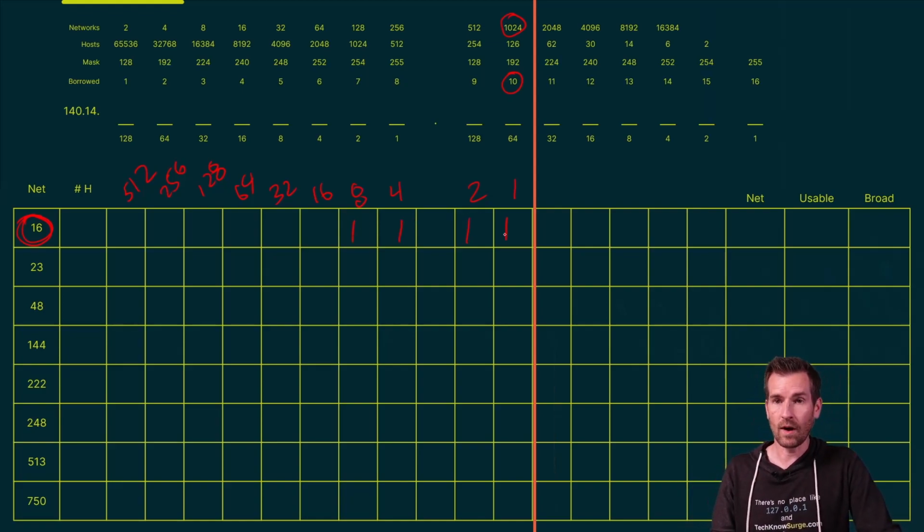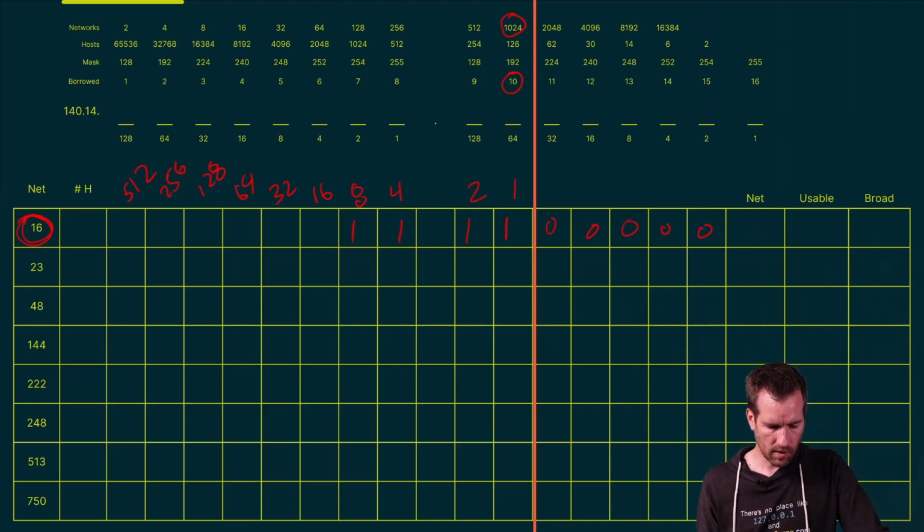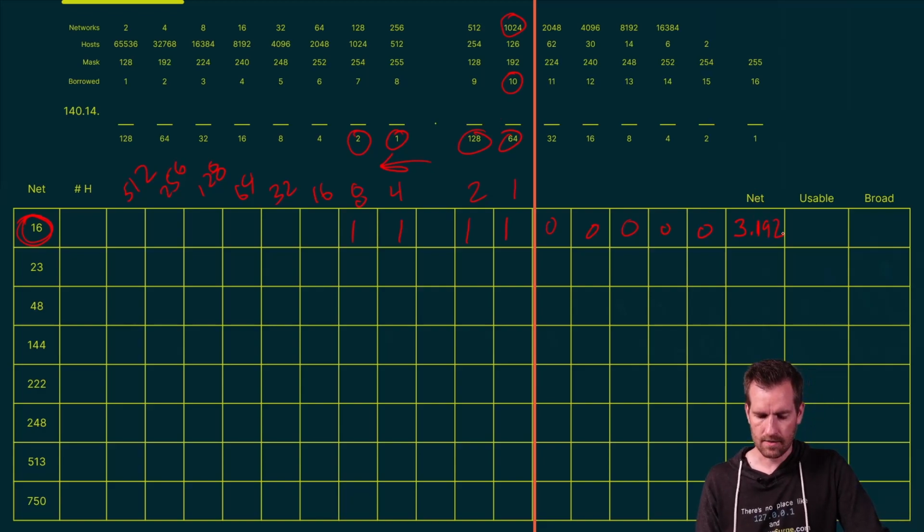All right, so what is our network address? Well, our host bits would all be 0 for our network address. My chart is off by 1 there, but we'll get the point. So 8 plus 4 plus 2 plus 1 to figure out what's on this side of the dot. So that is 3. And then I need to do a 128 plus 64, so that is 192. All right, so 3.192.